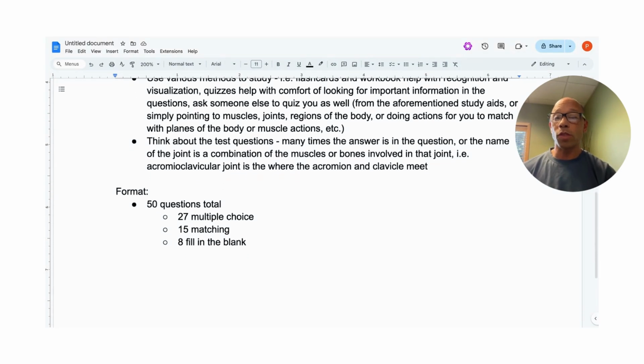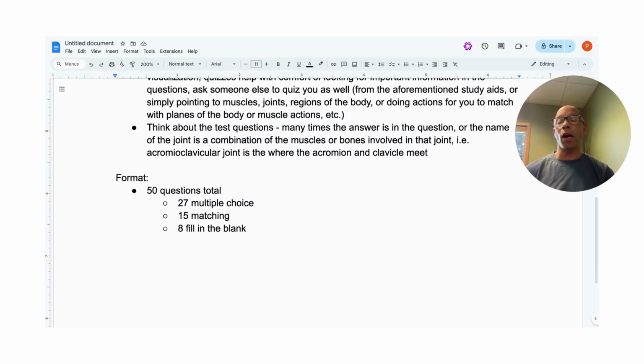In terms of what you're going to see on there, there are 50 questions total. 27 of them, the bulk of them, more than half, are going to be multiple choice. So the answer is always in the bank of answers that you can choose from. And so that's where that recognition comes in.